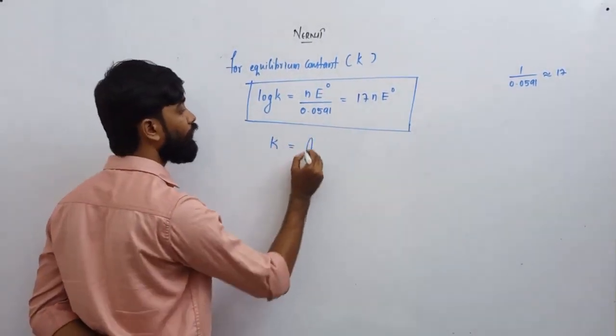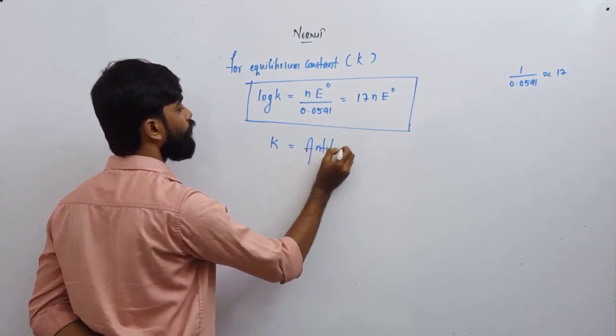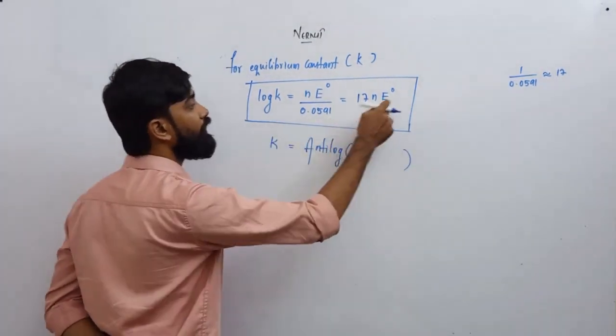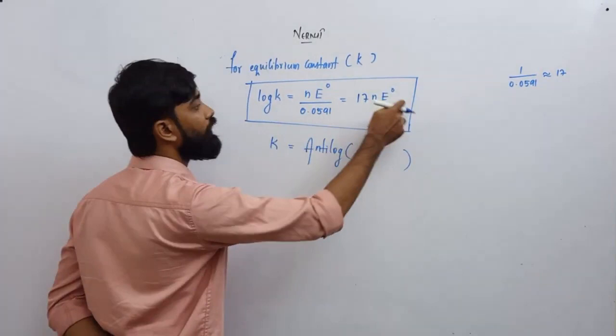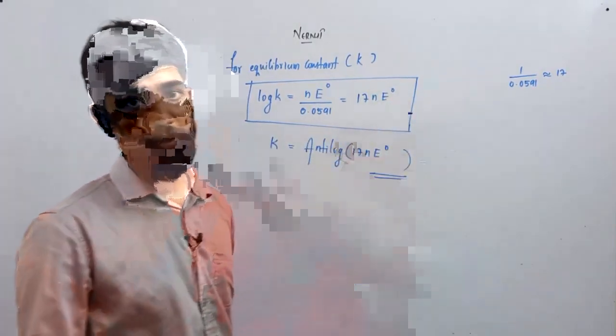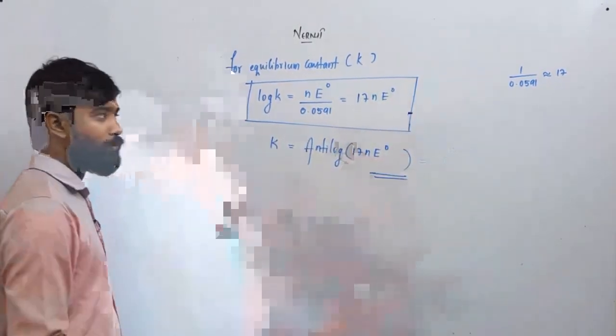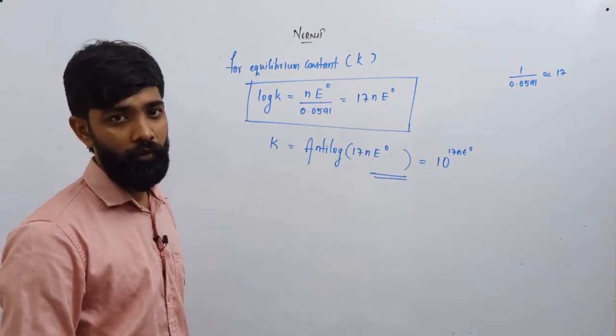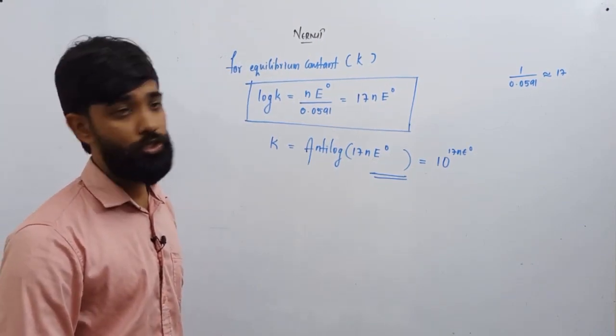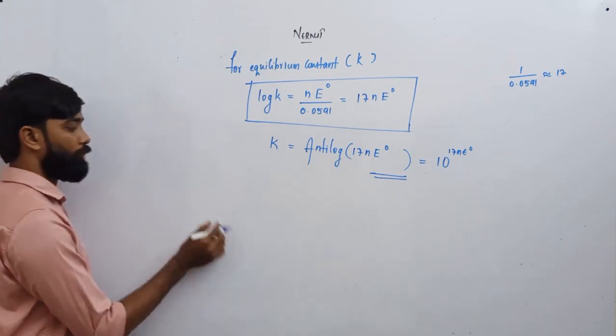How can we find the K value? If you have log K and raise it as a power of 10, then you obtain the K value. Okay, so this is the Nernst equation in the case of the equilibrium constant.